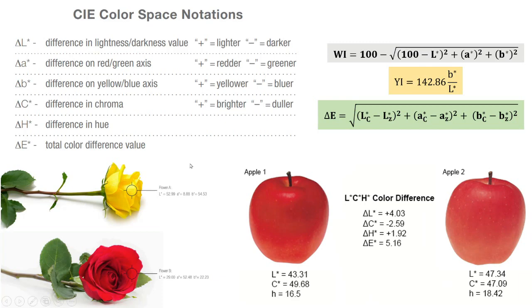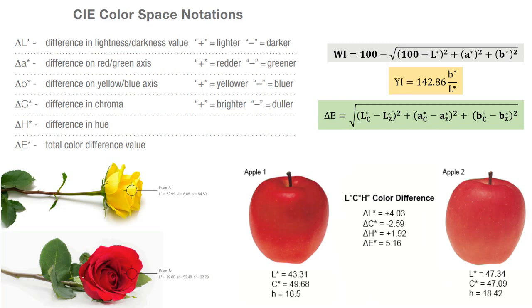If you see these two apples, by seeing only, can you see the difference, right? There is some difference, right? But to quantify that, with the naked eye we can't do that quantification. How much color difference, or what are the physical changes in terms of color, right? Because both are seen as red only.